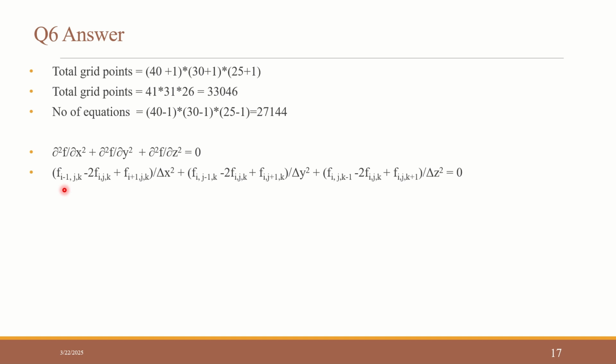F at i minus 1, j, k minus 2 times f at i, j, k plus f at i plus 1, j, k divided by delta x square, plus f at i, j minus 1, k minus 2 times f at i, j, k plus f at i, j plus 1, k divided by delta y square, plus f at i, j, k minus 1 minus 2 times f at i, j, k plus f at i, j, k plus 1 divided by delta z square.